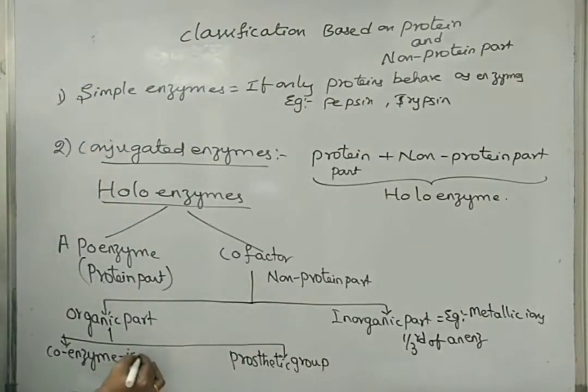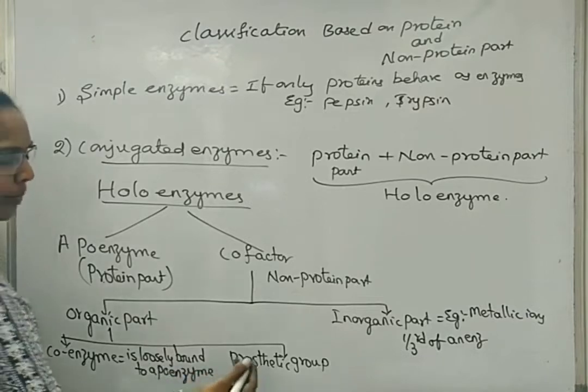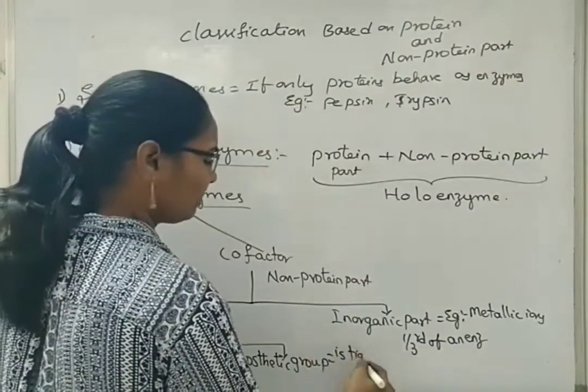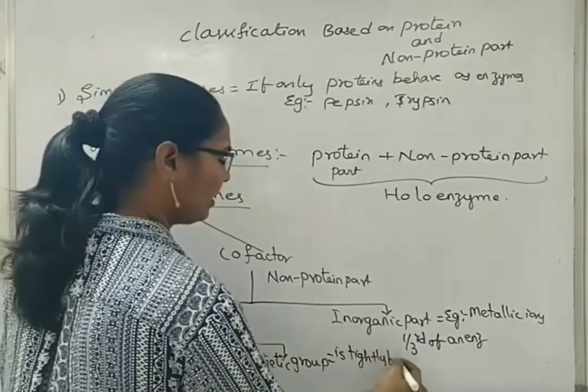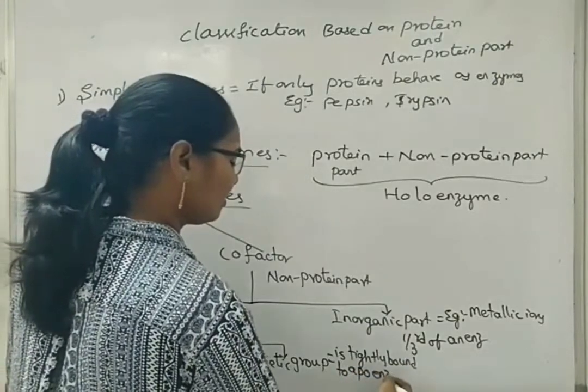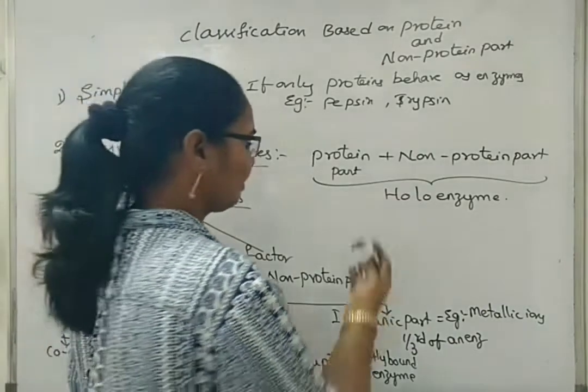Coenzyme is loosely bound to the apoenzyme. Prosthetic group is tightly bound to the apoenzyme. We'll see just 1 or 2 points regarding coenzyme.